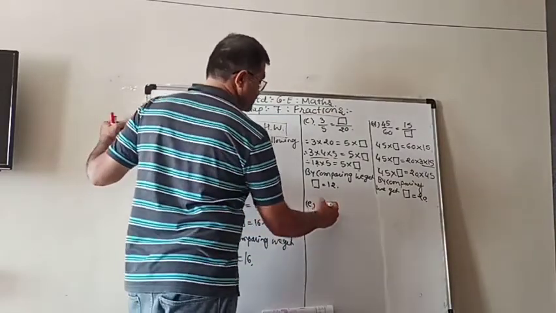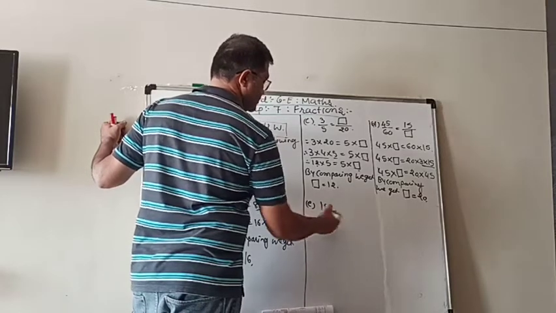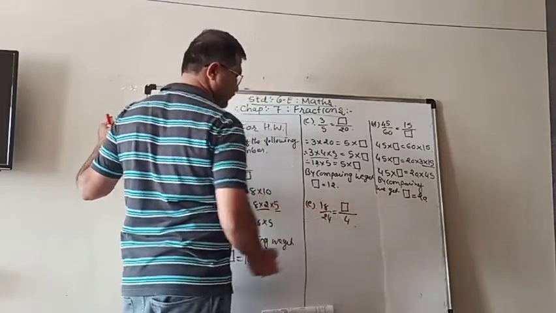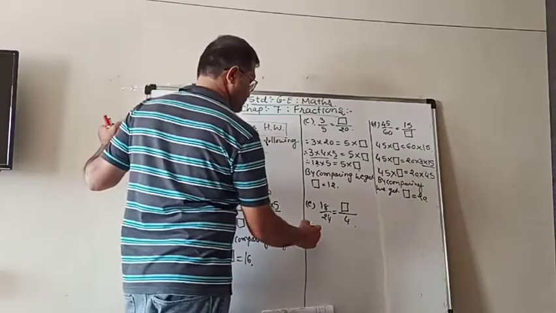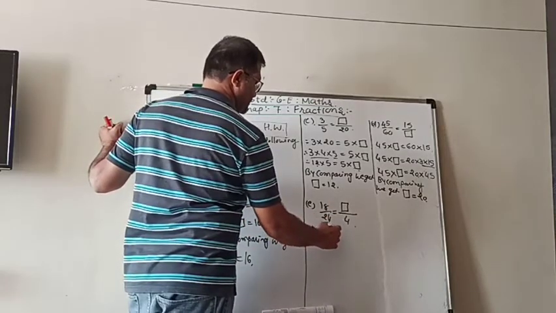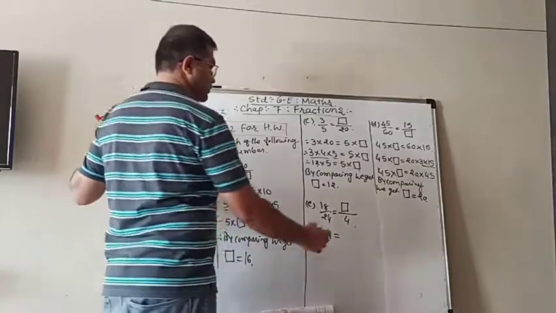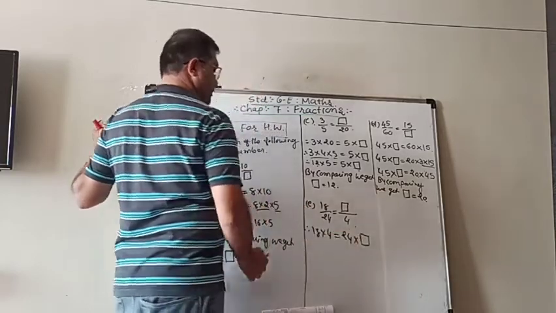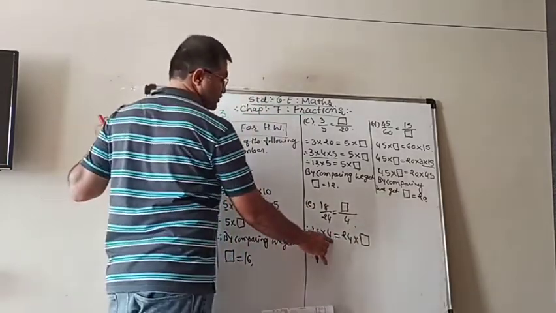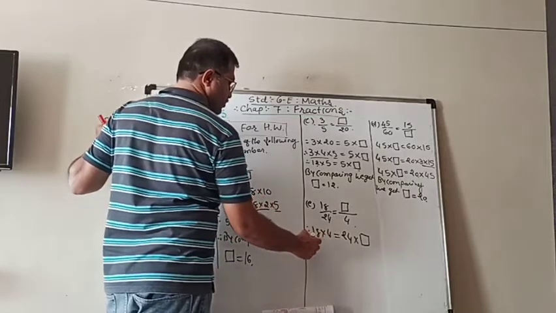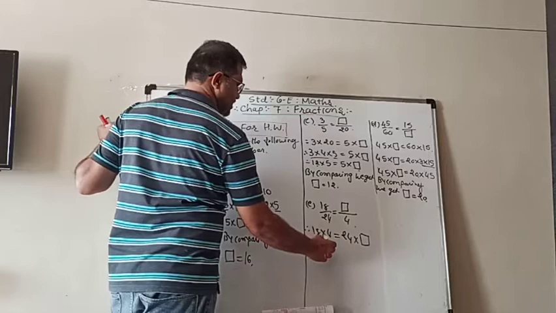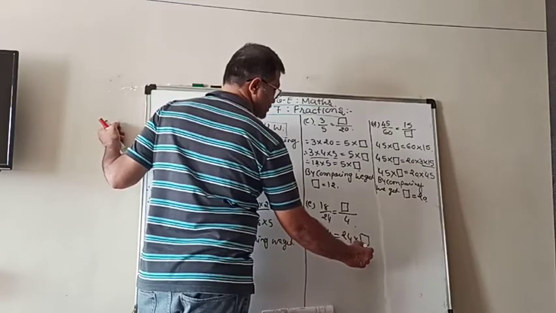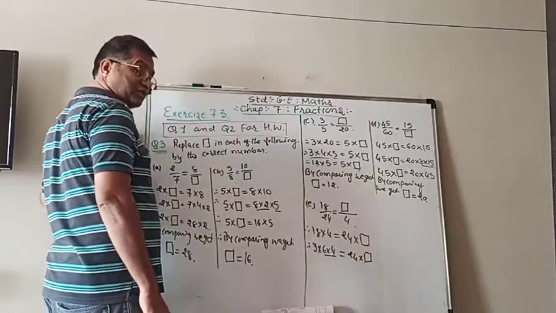Last one, 18 upon 24 is equal to box upon 4. So now cross multiply, 18 multiplied by 4 is equal to 24 multiplied by box. Now to bring 24, 4 sixes are 24. So 18 you can write as 3 sixes are 18, so that we get 24 here, is equal to 24 multiplied by box.